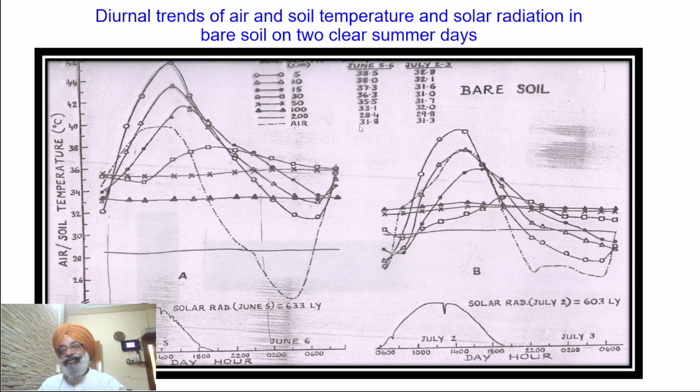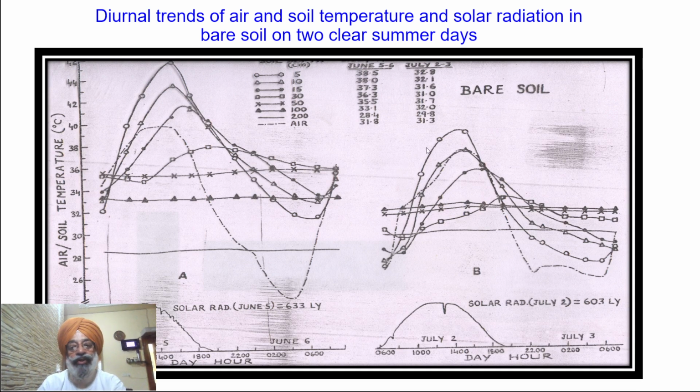And then between June 21st and July 1, there was 8 centimeter of rain. So that means in between this period, there was 8 plus 8, 16 centimeter of water which entered into the soil.